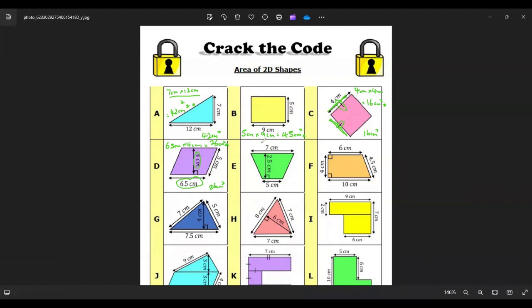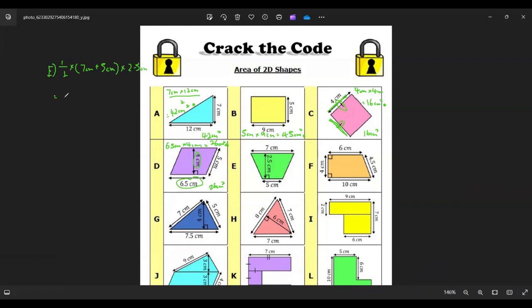And now this is a trapezium. This is the isosceles trapezium. To calculate the area of an isosceles trapezium, we need 1 over 2 times base A plus base B, then times height. So I'll do it beside here. It is 1 over 2 times 7 cm plus 5 cm times 2.5 cm.